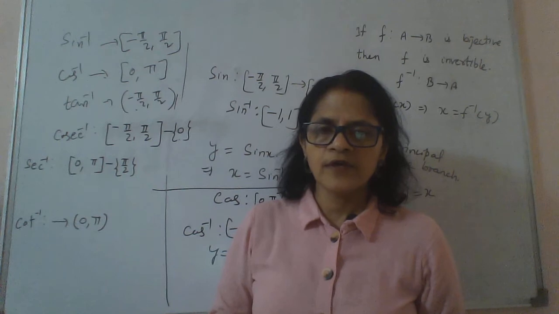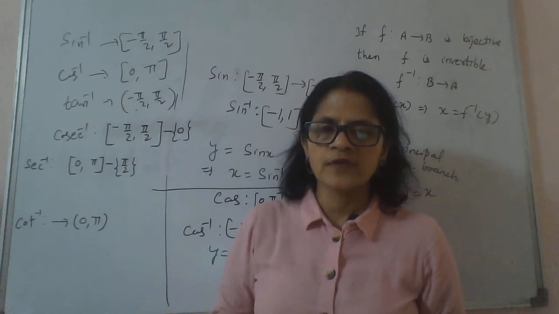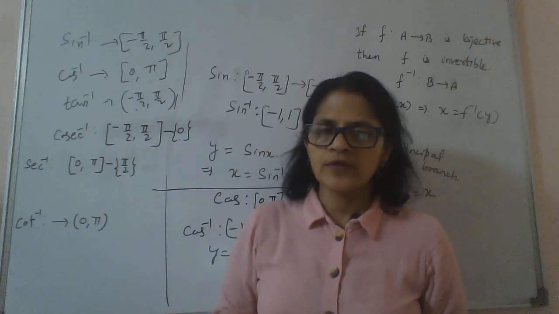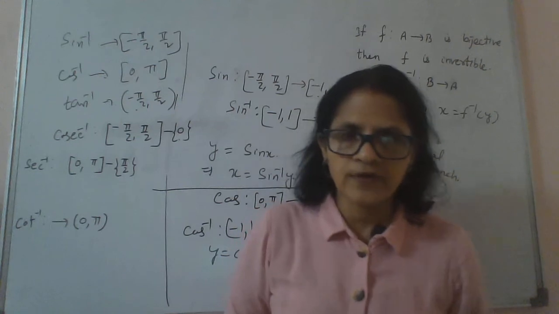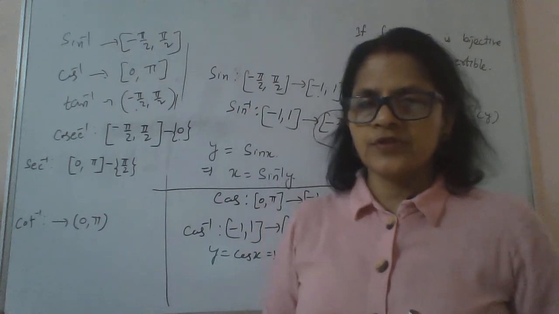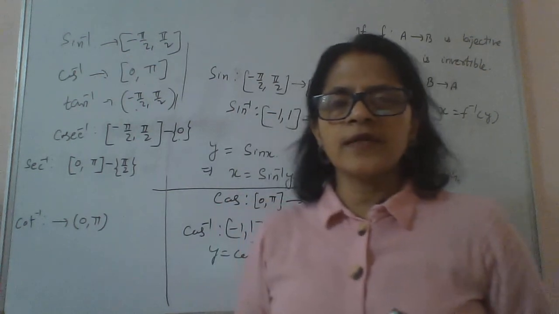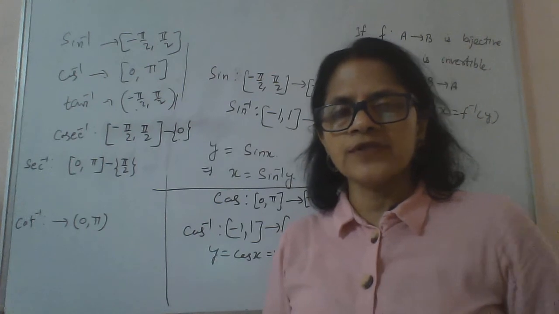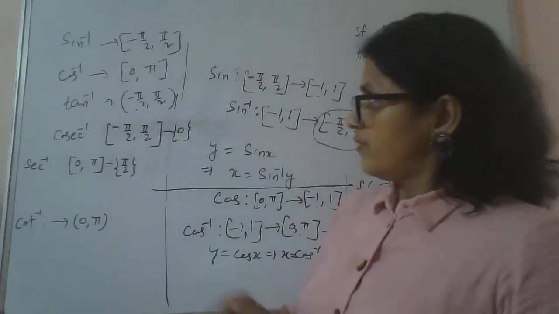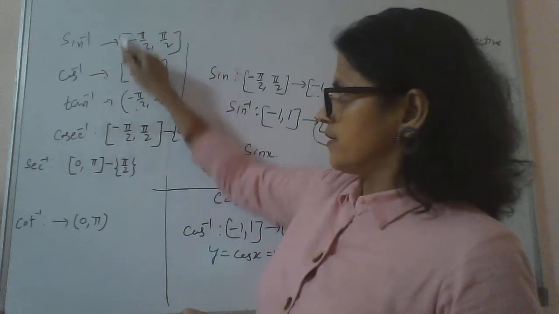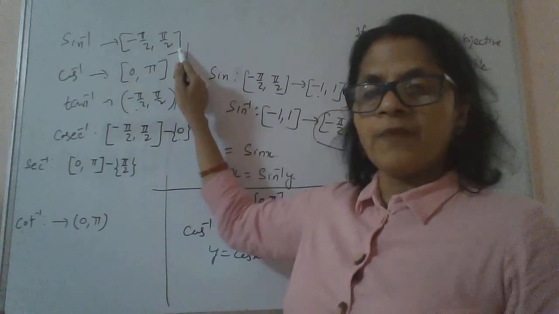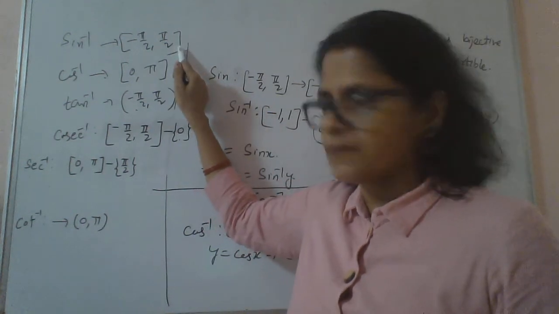It means the intervals in which inverse trigonometric functions exist, or in other words, these are basically restricted domains of the original functions. Like we have restricted the domain of sin x to minus pi by 2 to pi by 2 to make sin x invertible.